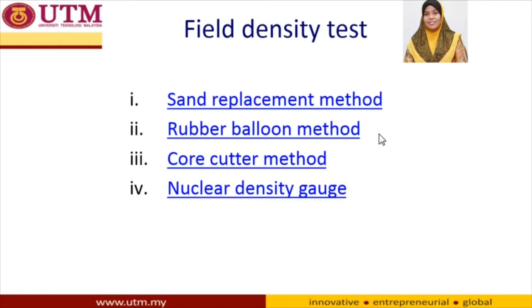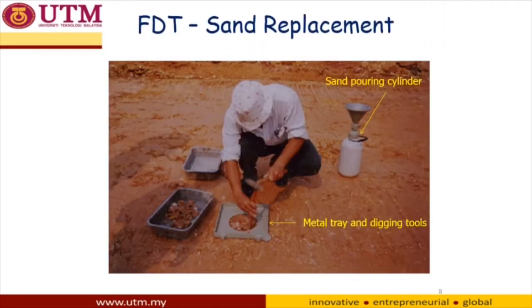As you can see from the slide, there are four methods: sand replacement method, rubber balloon method, core cutter method, and finally the nuclear density gauge. A few videos from YouTube were also attached to the slide for reference and better viewing of the field works taken on site. So let's start with the first one, the sand replacement method.